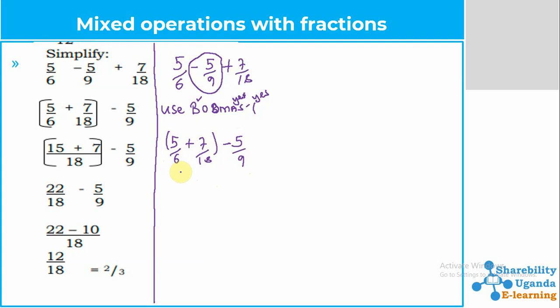So here we said solve this, we get our value, which is the lowest common multiple of 6 and 18. Let's see whether our 18 can divide 6. So we can just use our factor 18.